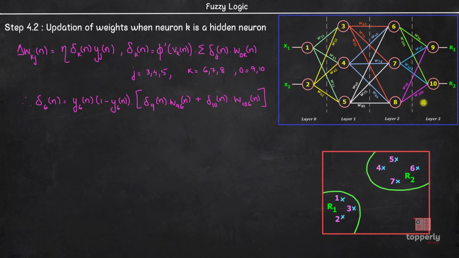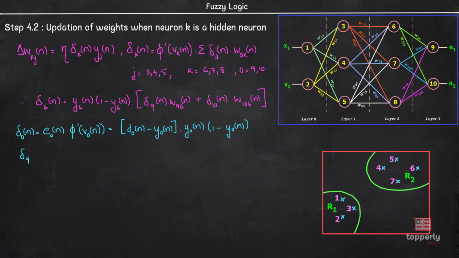And since 9 and 10 are output neurons, we have dou o of n is equal to eo of n into phi dash vo of n, which is equal to (do of n minus yo of n) into yo of n into (1 minus yo of n).